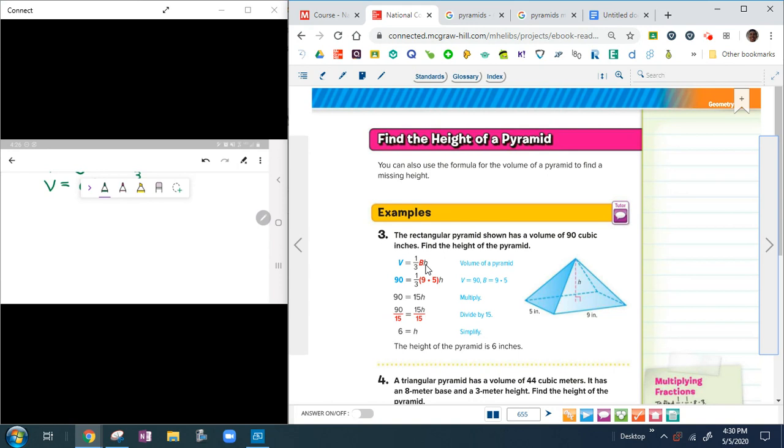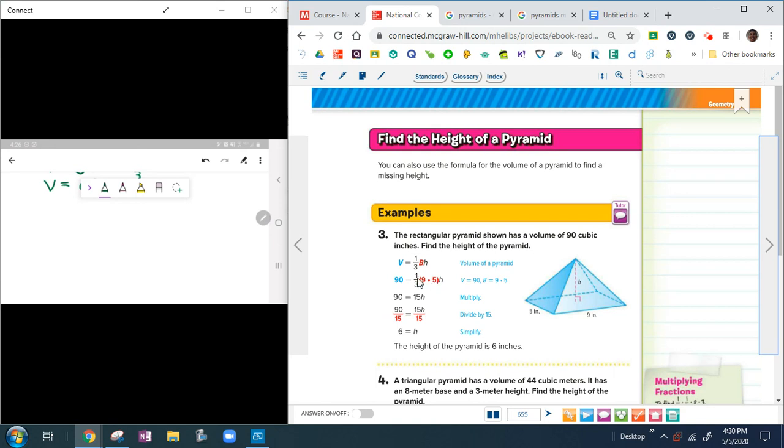In the other ones, they were telling you to find the volume, so the V wasn't filled in until you calculated. Now the H isn't filled in because it says find the height. So you plug in, since the base is a rectangle, its dimensions, 9 times 5. And we're going to leave the H in there because we don't have that information.